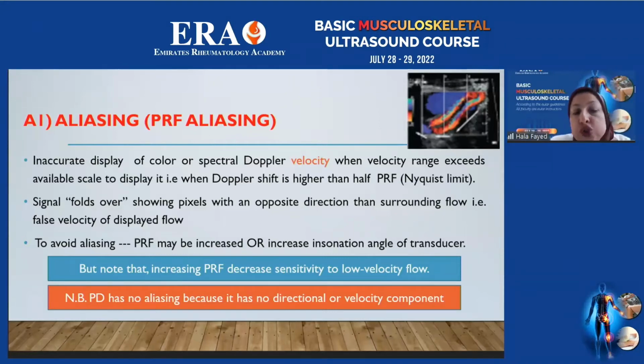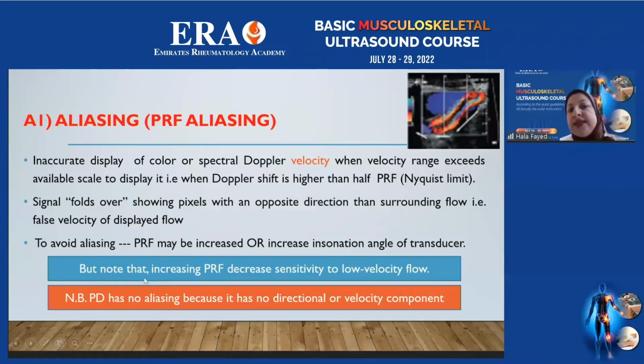The signal wraps around, showing pixels with an opposite direction to the surrounding flow, so it shows a false velocity of the displayed flow. To overcome this artifact, the PRF may be increased, or you may increase the insonation angle of the transducer.